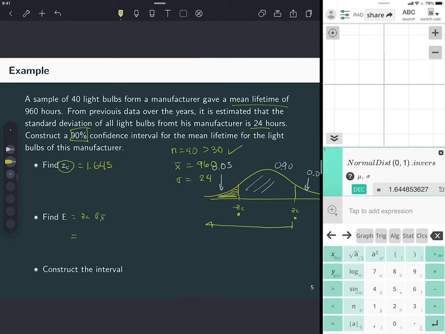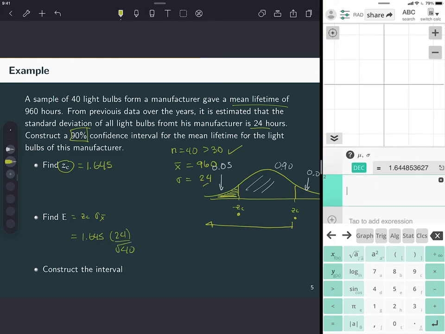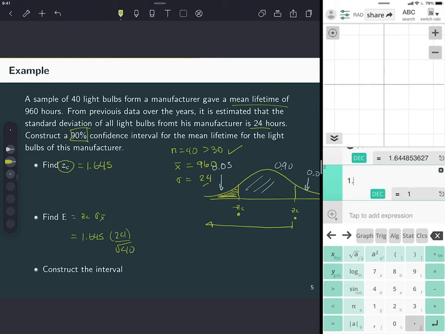So it really is 1.645 times my standard deviation, which is 24, divided by the root of the sample size, which is 40. So I need to do 1.645 times 24 divided by the square root of 40. So I get 6.24.